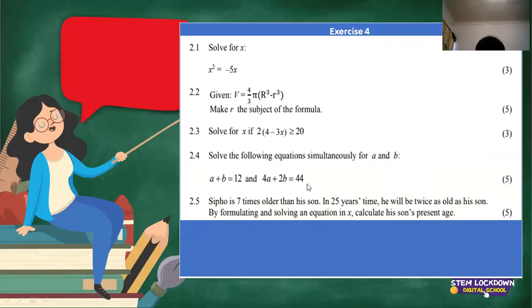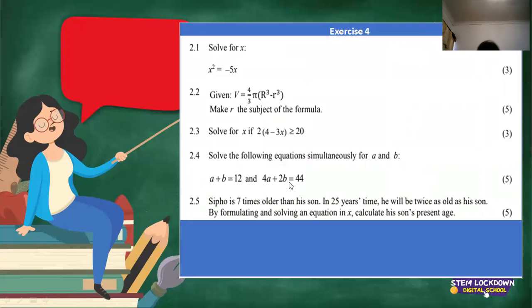From equation 1, let's make one of the variables the subject of the formula. We can make A the subject of the formula. So A equals to 12 minus B. Then you can substitute 12 minus B for A in equation 2.